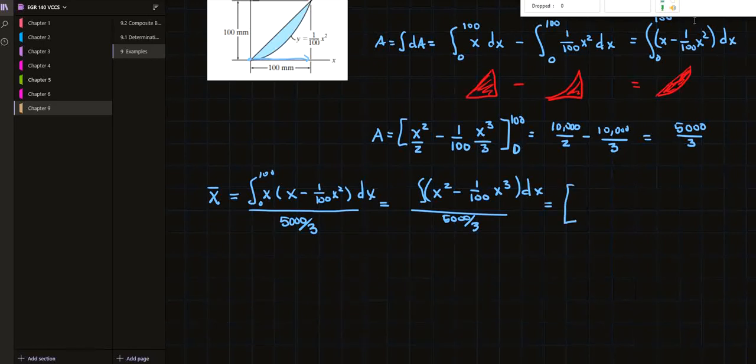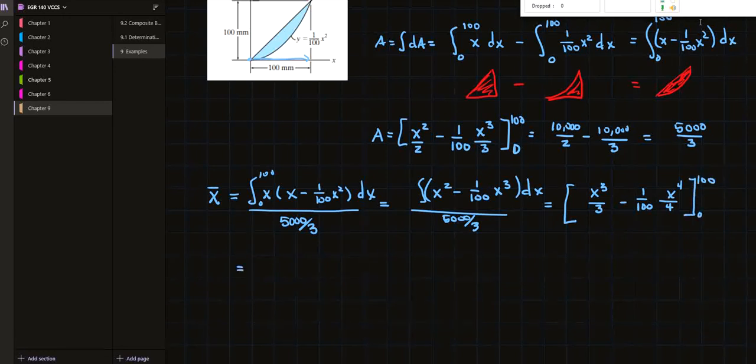Okay, well this is going to be x cubed over 3 minus 1 over 100. So this is going to turn into an x to the 4th over 4, which we evaluate from 0 to 100.